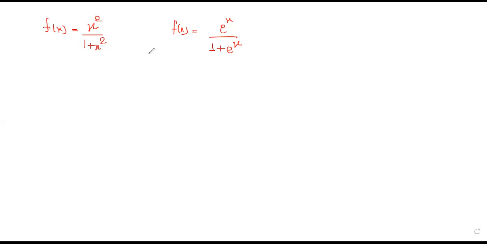First function is even function because when you put f of minus x, it will be f(x), because here x square and here x square, so it is even function. Any problem?